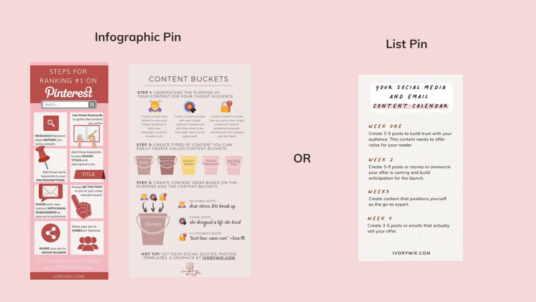So this might be a list of ideas that people might see once they click on your Pinterest pin, or it might be the steps that you've outlined within your blog post. And so you can create different visuals like list pins and infographics in addition to all the other things that we've already created.